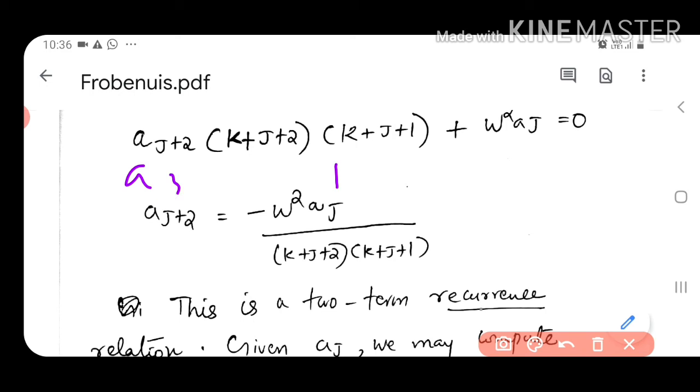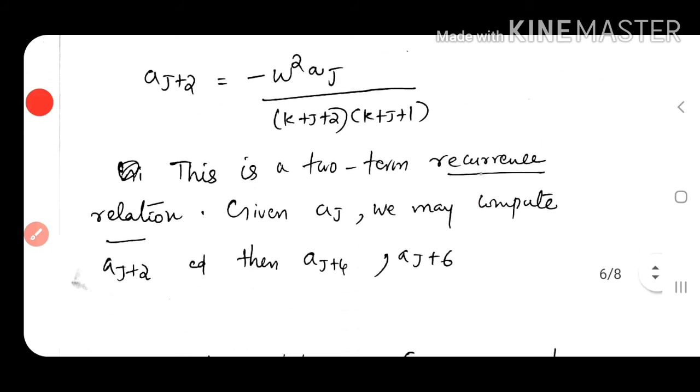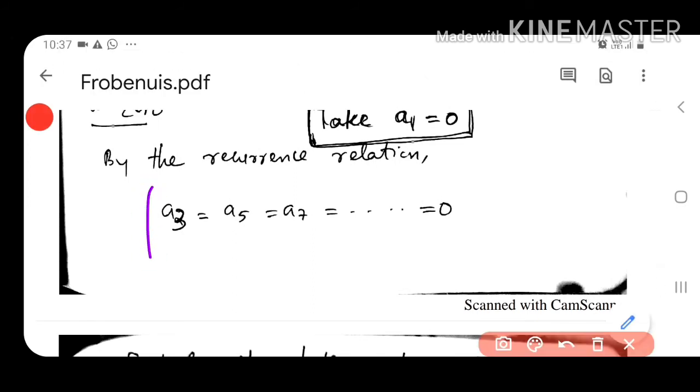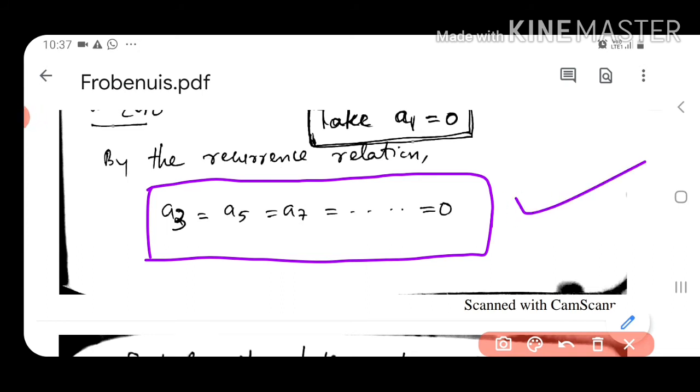So a3 is minus omega square a1. Since a1 is 0, a3 is 0. If I put j equal to 3 here, I will be getting a5. Since a3 is 0, a5 is 0. So all these odd coefficients will be zeros. That's what we have written here: a3 equal to a5 equal to a7, all of them equal to 0.